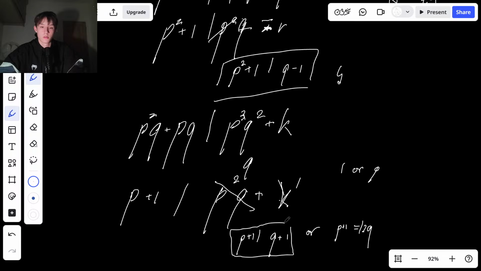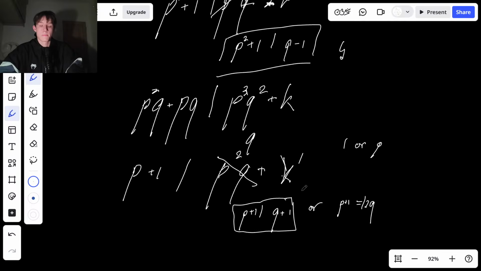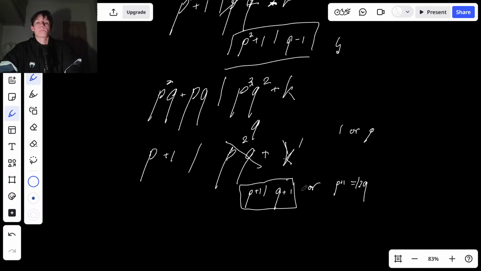So we also know, then we know that q plus p squared, I think, must divide both p plus 1 and p squared plus 1, which are coprime excluding 2.